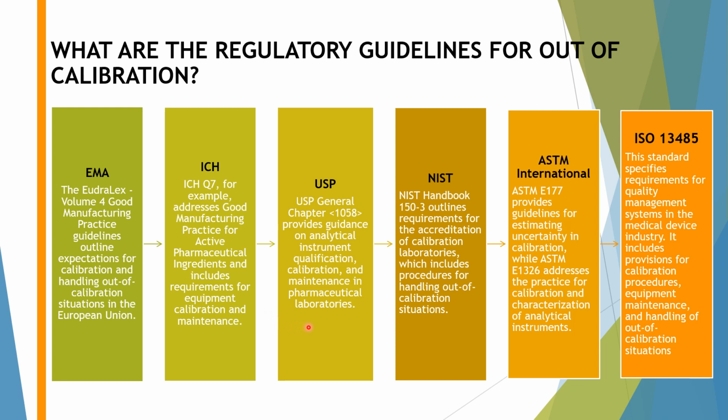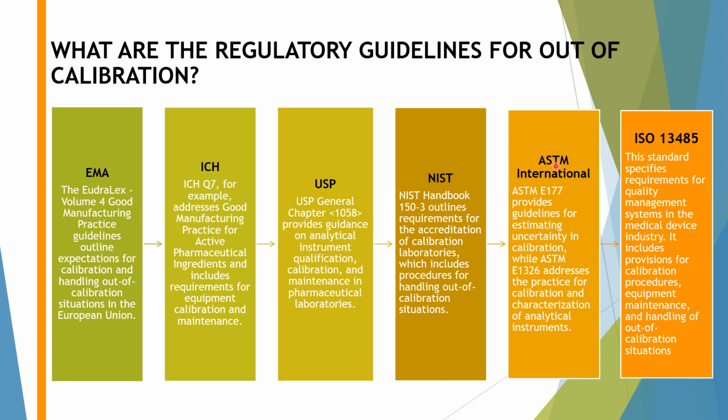Next is USP, that is United States Pharmacopoeia General Chapter 1058. 1058 is for analytical instrument qualification, which describes the expectation of equipment calibration and maintenance in pharmaceutical laboratories, right? Next is NIST, that is National Institute of Standards and Technology, Handbook 150 section 3, which describes the handling of out of calibration situations, right?